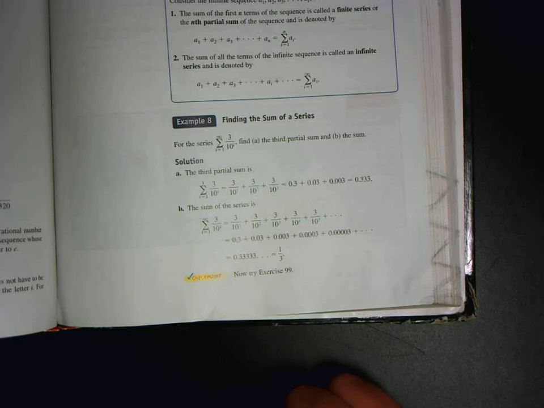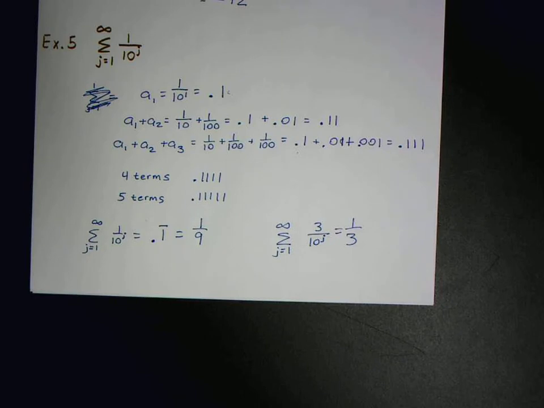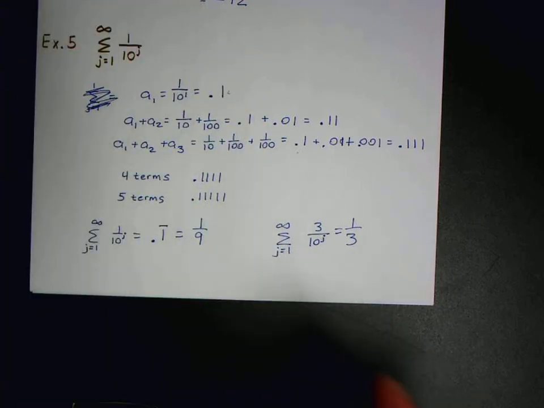No, you would have to know that because you're in pre-calc. You should know that 0.3 repeating is 1/3. Oh. I don't know this, though. I wasn't taught this. That's prior knowledge. I'm assuming you know. Shoot. How can I learn? Don't know.